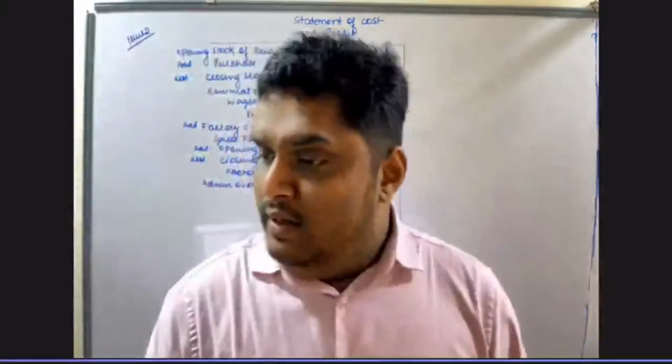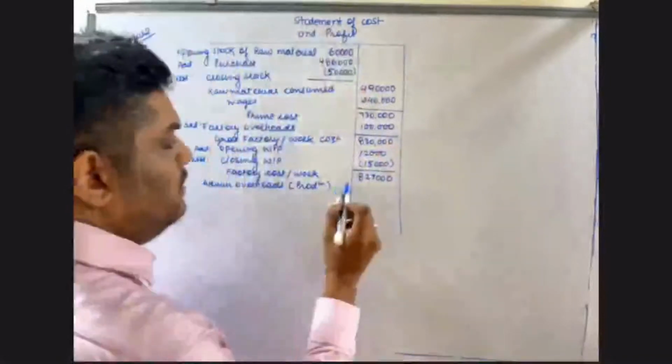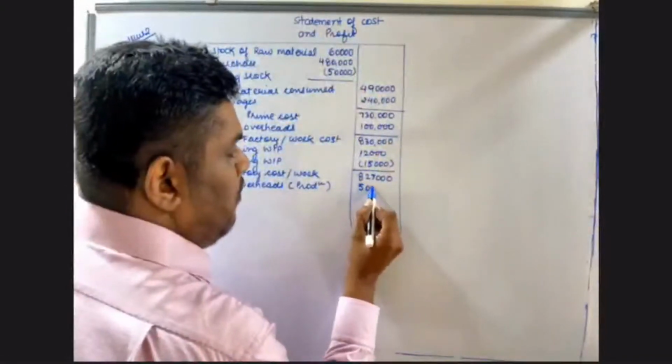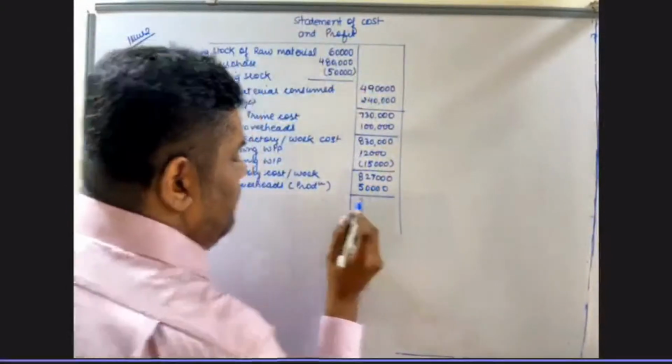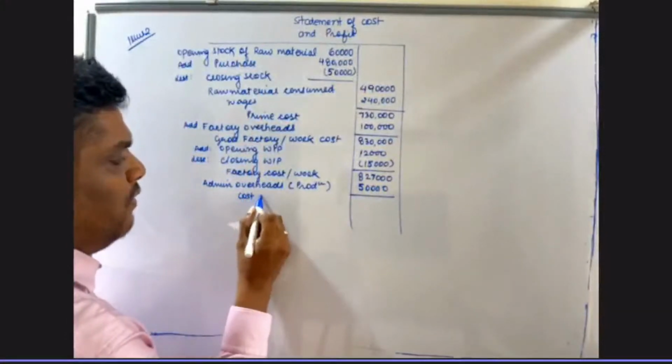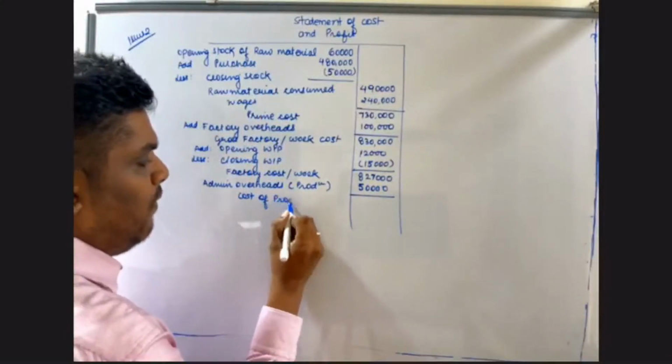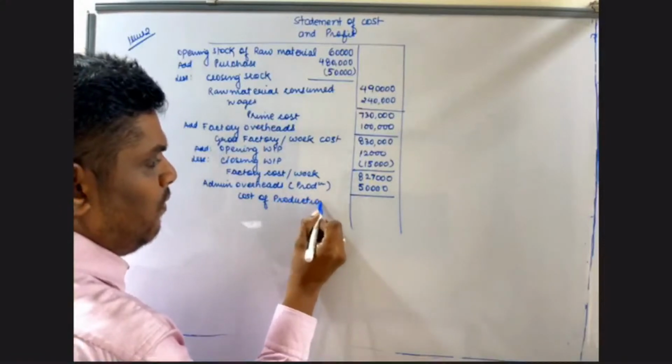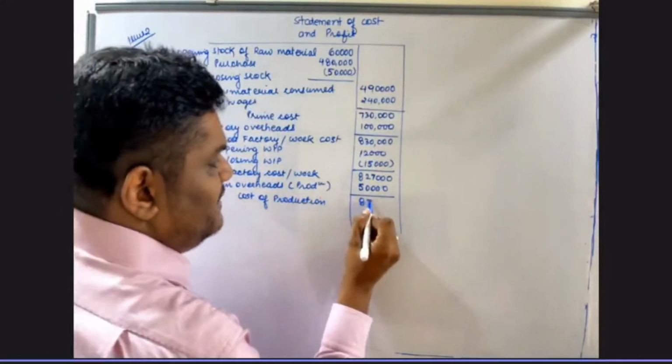And it is given 50,000. We'll get the cost of production, that is 8,77,000.